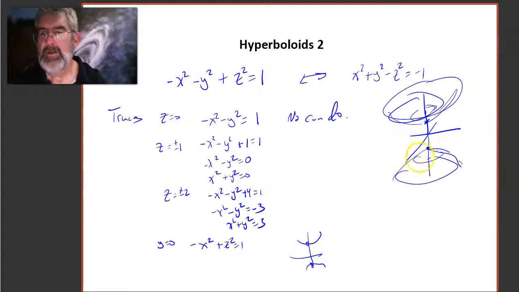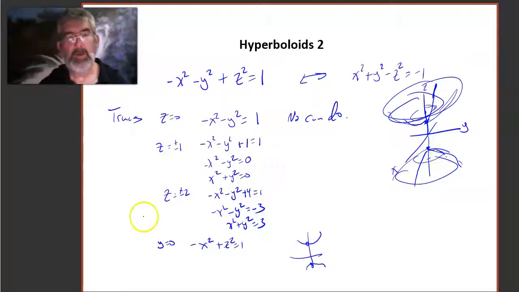So if this is the x-axis here and the y-axis and the z going up, that would be the hyperbola that comes down to that point and then comes up on the other side, and likewise comes up here and then down on the backside there. Or if I look at the yz trace, so let x equal 0, you're looking at minus y squared plus z squared equals 1.